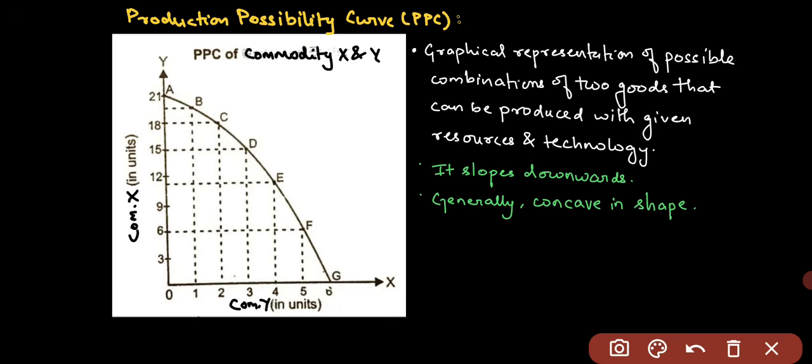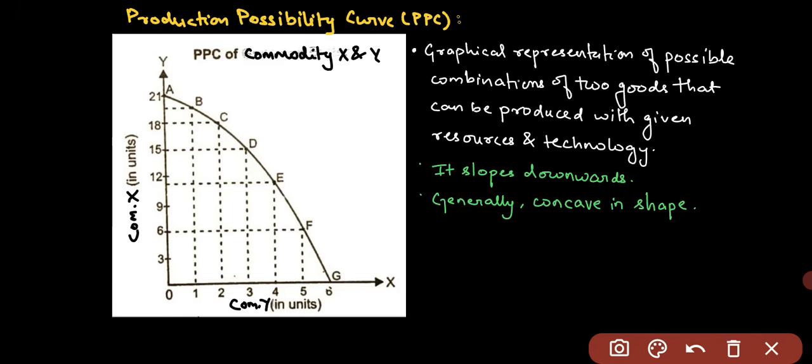You see, this is concave in nature, right? You see, we have told that the production possibility curve represents possible combinations of two commodities, commodity X and commodity Y, with given resources and technology.